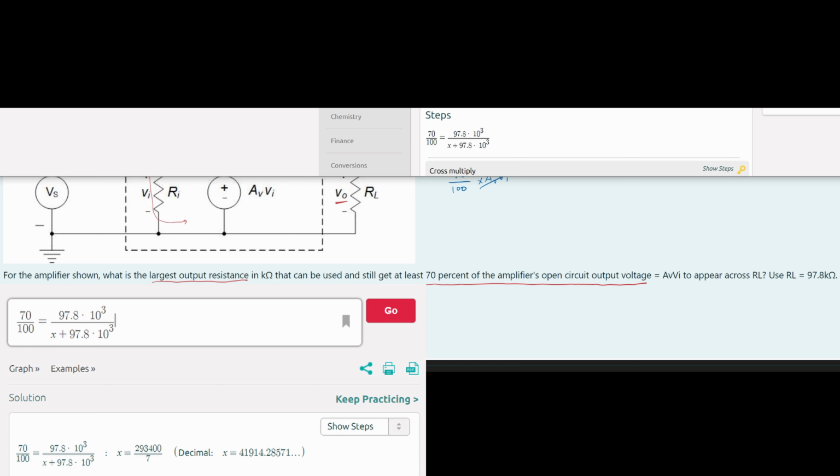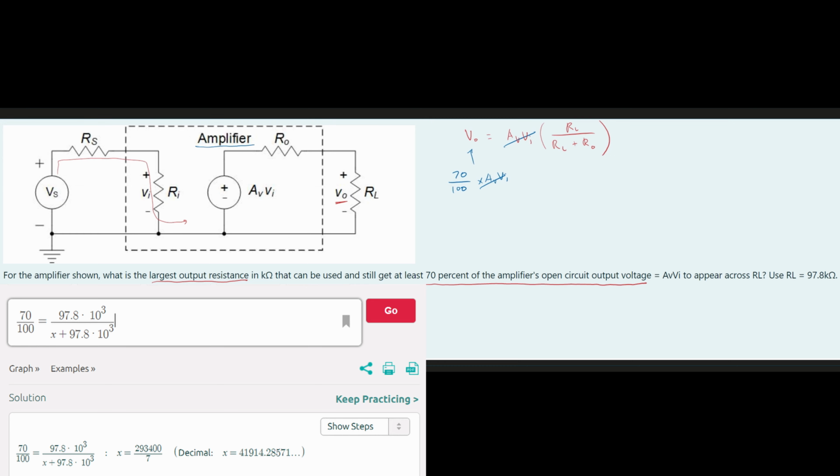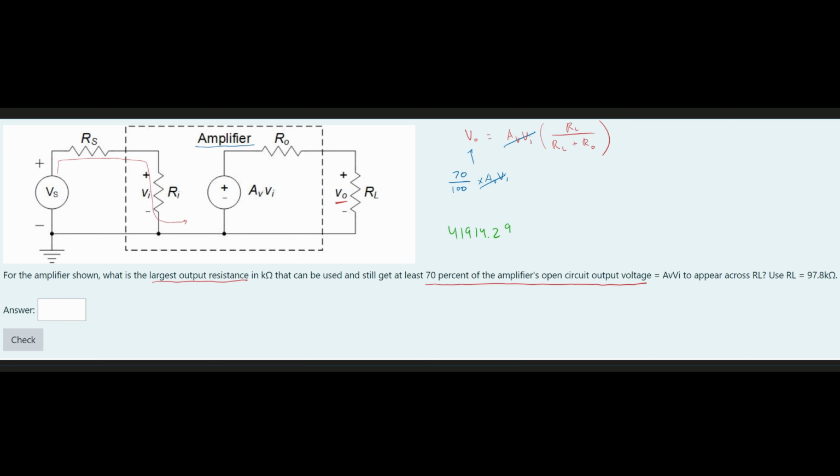Now we want it in kilo ohms, so we multiply by 1 kilo, which moves the decimal place over. I'll write it out anyway. It gives us 41914.29. This is in ohms, because we were solving for R naught, not RL, since R naught is the largest output resistance.